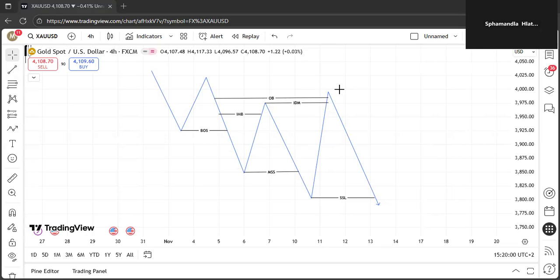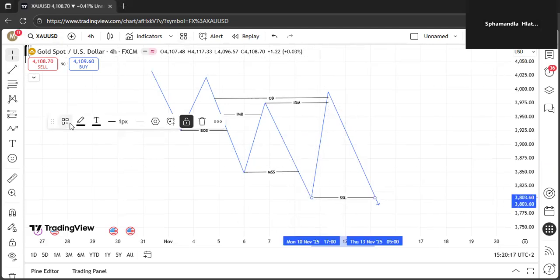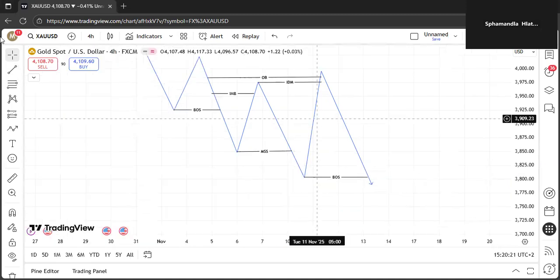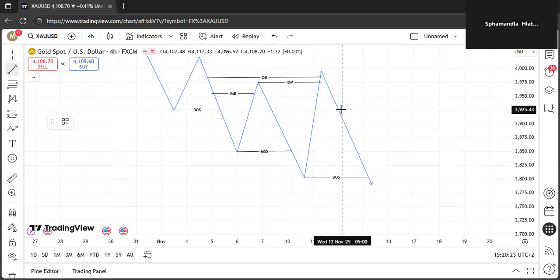You first look for the fair value gap, and then you can focus on the other things next. But you must always look for the imbalance first, and then mark your first change of character from there. And then the rest, you just follow instruction because after it tests here, you know it's going right. It'll change into a break of structure.